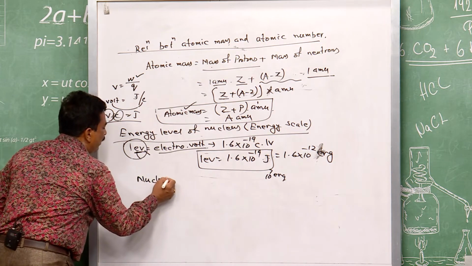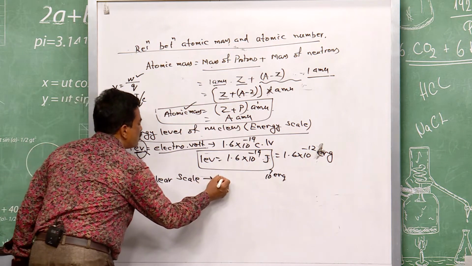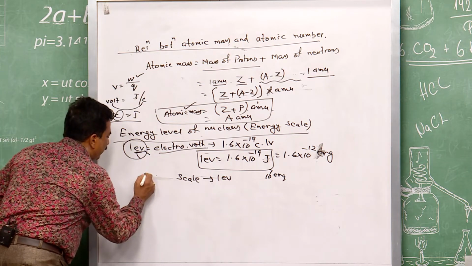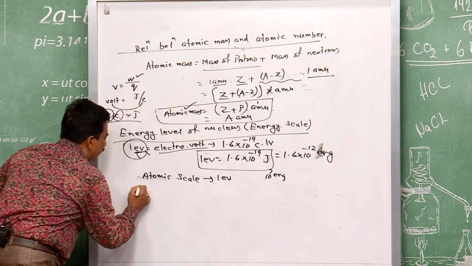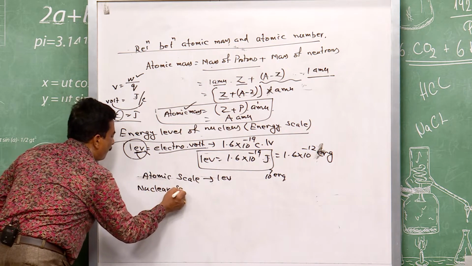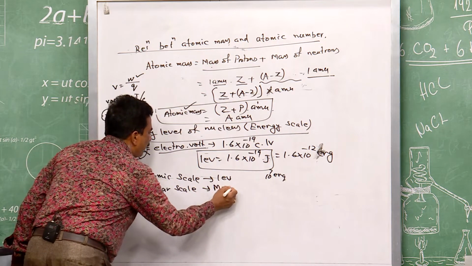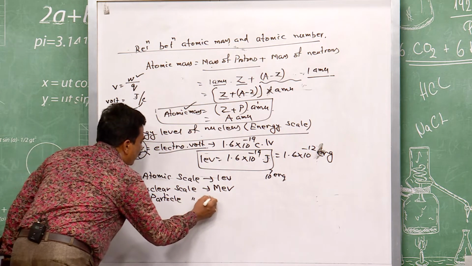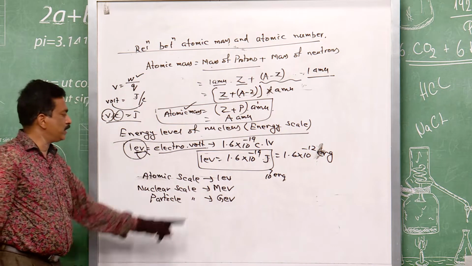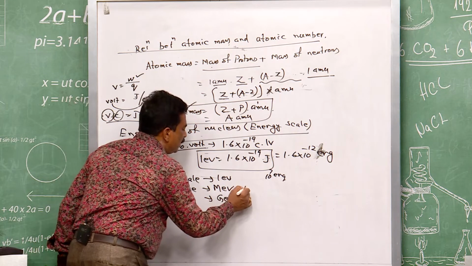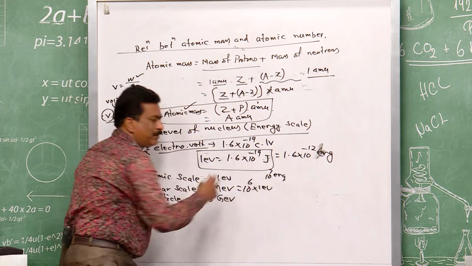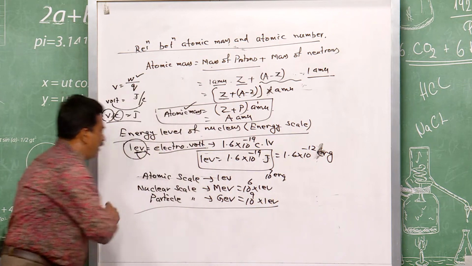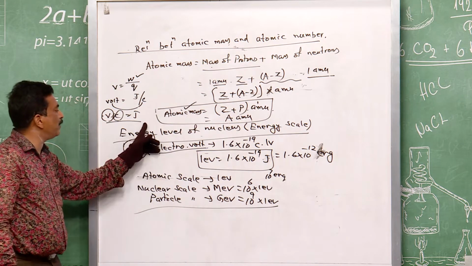For the atomic scale the unit is eV, but for the nuclear scale it is MeV, and for the particle scale it is GeV. Here M means million, that is 10 to the power of 6 into 1 eV, and giga means 10 to the power of 9 into 1 eV. These are the energy levels measured in this scale.